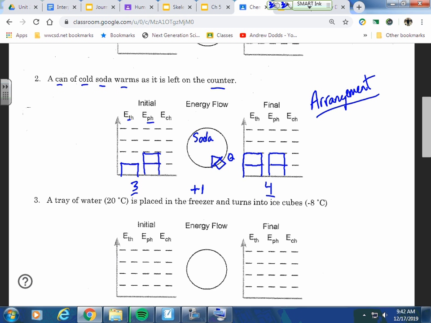I would say just maybe. It's not changing phase, so the particles aren't going to change much. But they might be slightly more spread out because it is warming, but I'm not going to say much change there. Maybe slightly more spread out.